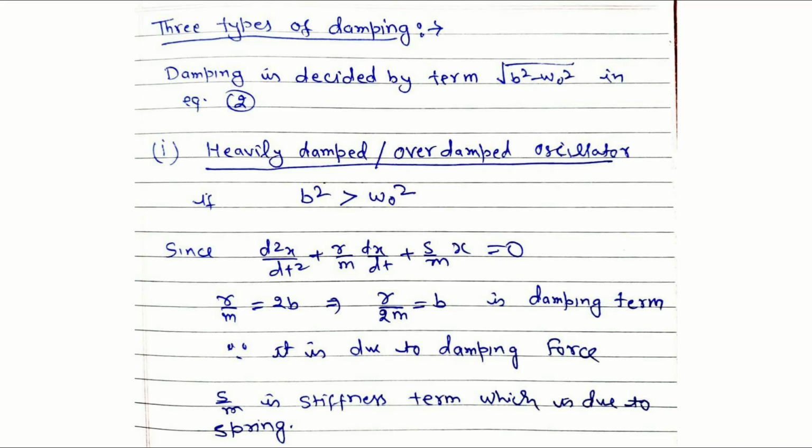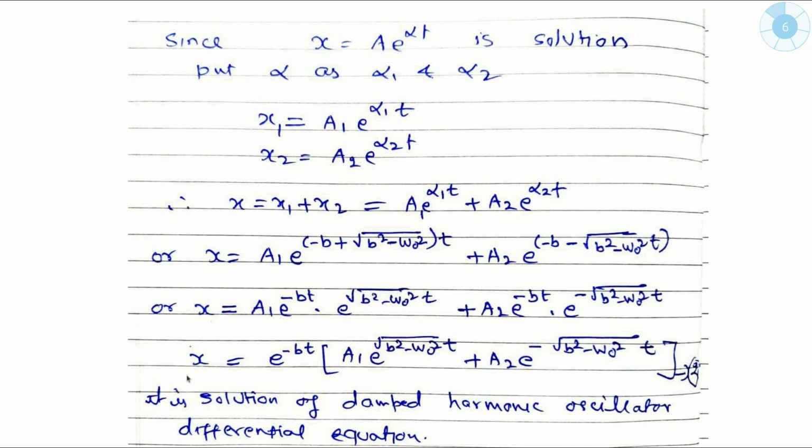Since we know that damping is decided by the term b square minus omega naught square. Here it is the value of x. It means displacement will vary when time varies, and b square minus omega naught square will also tell us about the behavior of x.